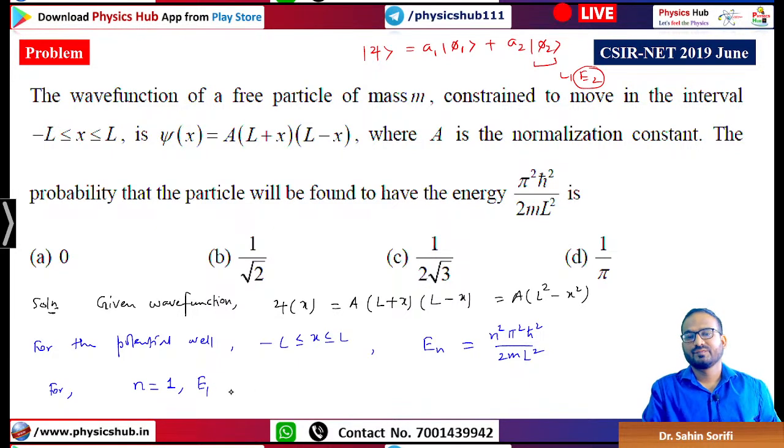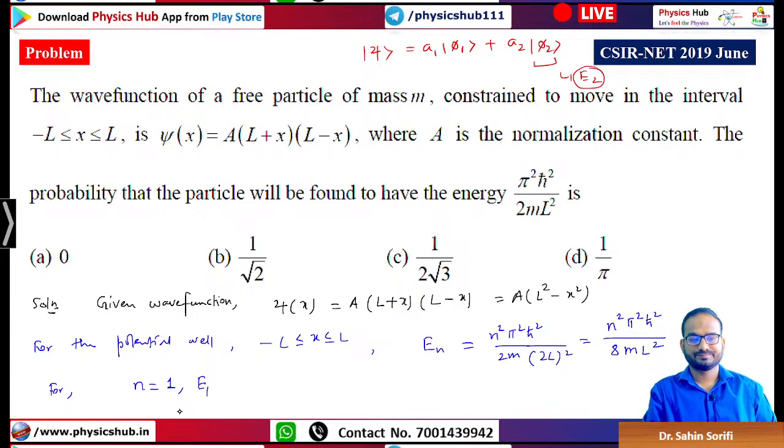Acha, made a mistake. It will not be L, the width is 2L, right? So 2L square. So this is n square pi square h cut square by 8 m L square. Now if you put n is equal to 1, you get E1, pi square h cut square by 8 m L square. But here it is pi square h cut square by twice m L square.